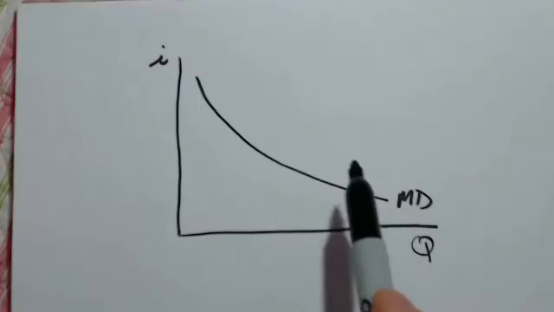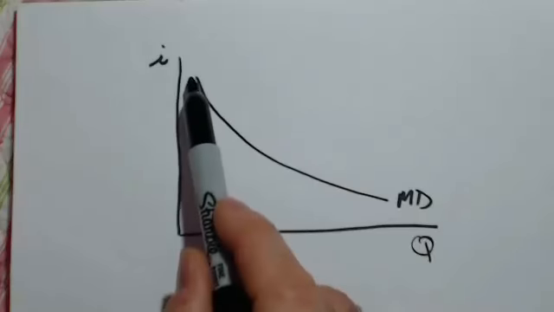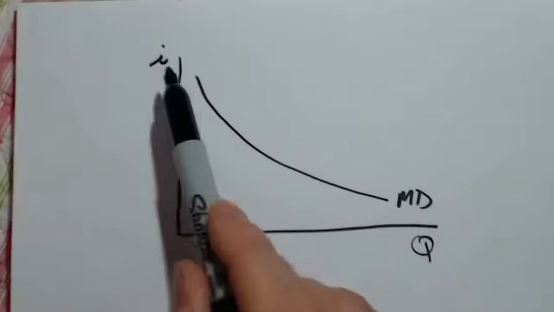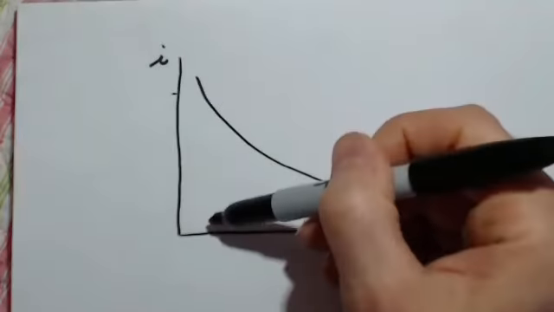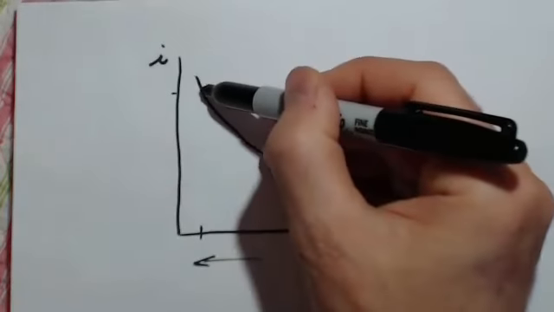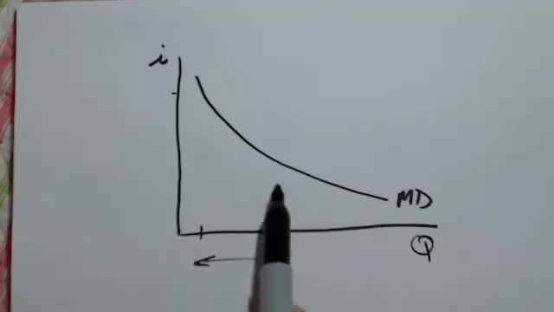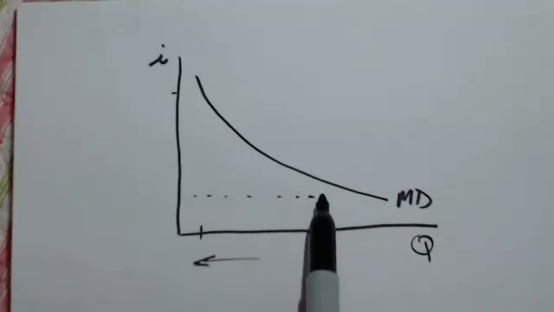So this is a downward sloping curve. And why is that? Well, when short-term interest rates in the economy are very high, and you're up here, there's not going to be a lot of demand for checking deposits or cash in the hands of the public, because there's a huge opportunity cost associated with that. So the quantity demanded will be low when interest rates are high. Now, when interest rates are really low, kind of like where we are in today's environment, then the quantity demanded will be relatively high.